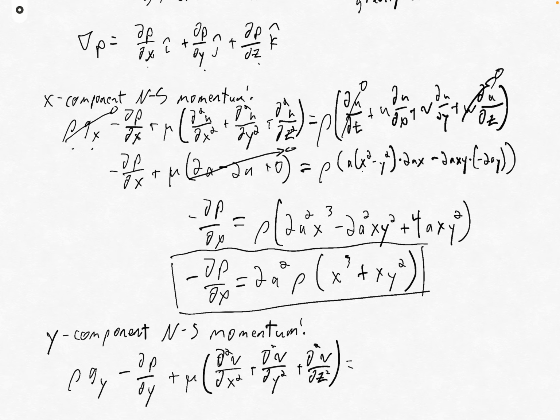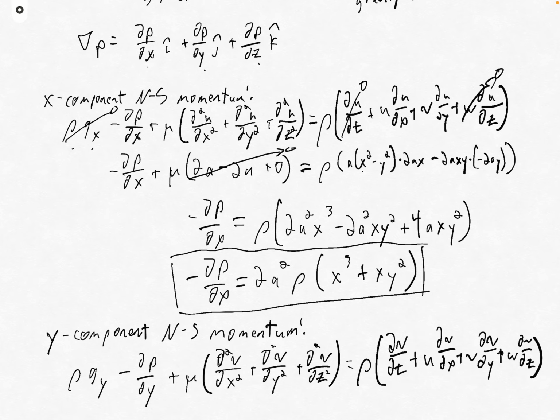Remember, these are the forces on the left-hand side here. This is going to be equal to m times acceleration. And so this is going to be a total derivative of v with respect to t. So that'll be partial v with respect to t plus the effective component, which is u dv dx plus v dv dy plus w dv dz.